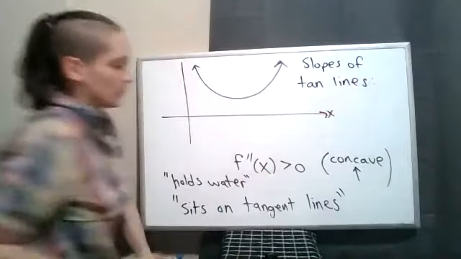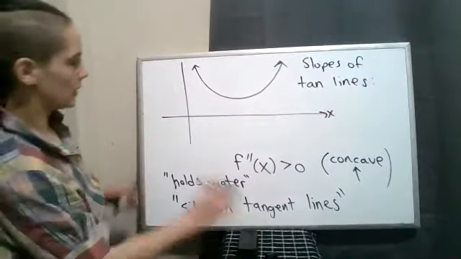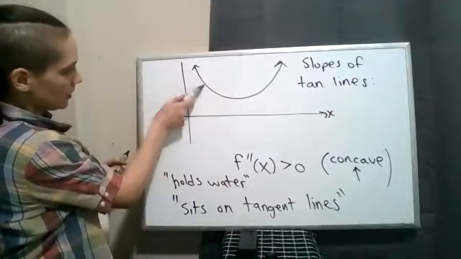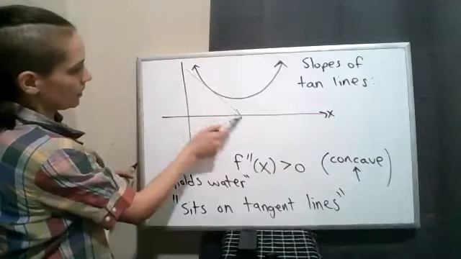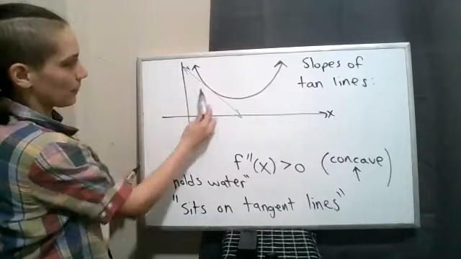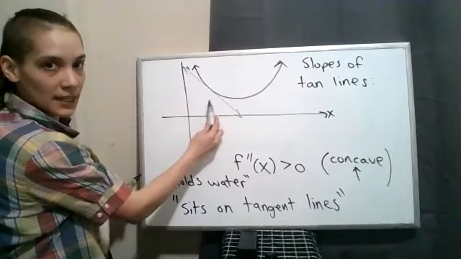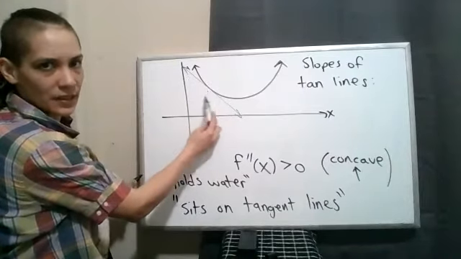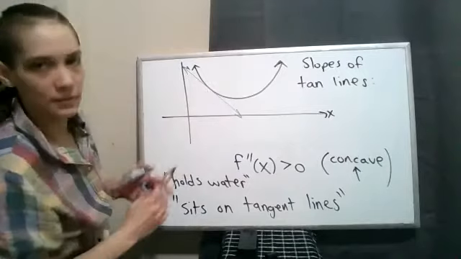The first one, let's say it's right here. The tangent line goes down and over, so it's a negative slope. Let's call it -3, just to guess.